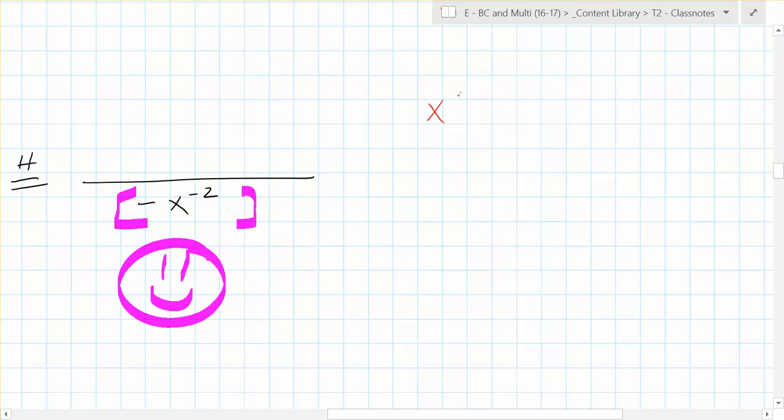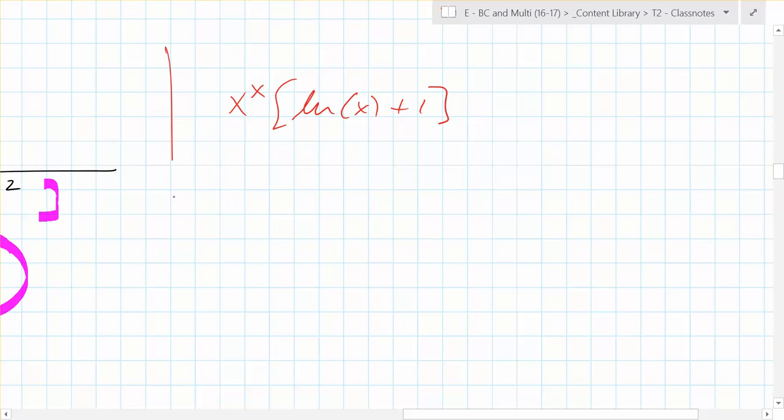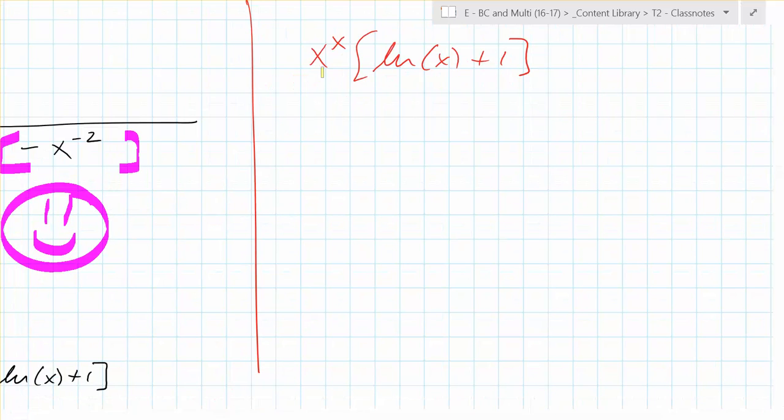We have x to the x, ln x, is it -1 or +1? +1, right? We don't really care about that -1 because it's just going to go. So if we wanted to do the derivative of that, what rule do you have to use? Product rule. What's the derivative of x to the x?